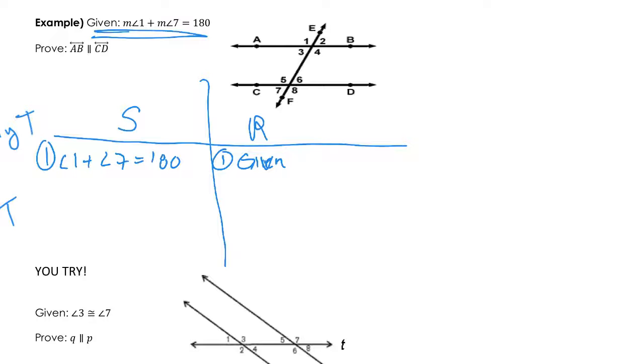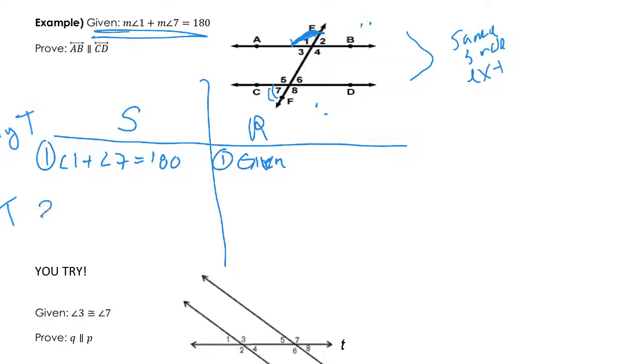Now let's label that on my diagram so I can start thinking about this problem. Angle 1 is here. And angle 7 is here. And they add up to 180. So I'm going to do one with 1 tick mark and one with 2. Now, what kind of angles are those? So if we annotate this really quick, these are same side, and they're outside the parallel line, so it's same side exterior.